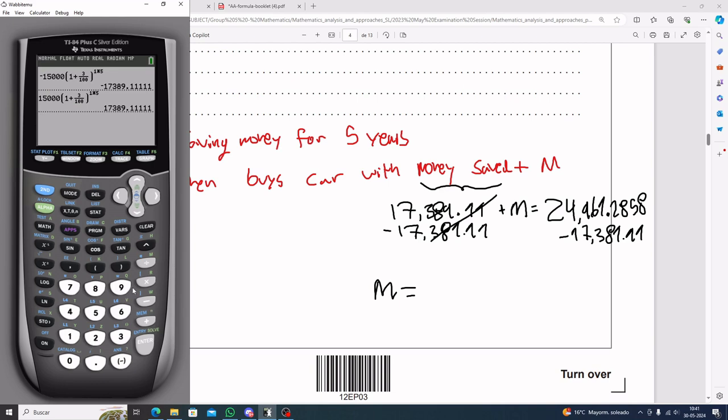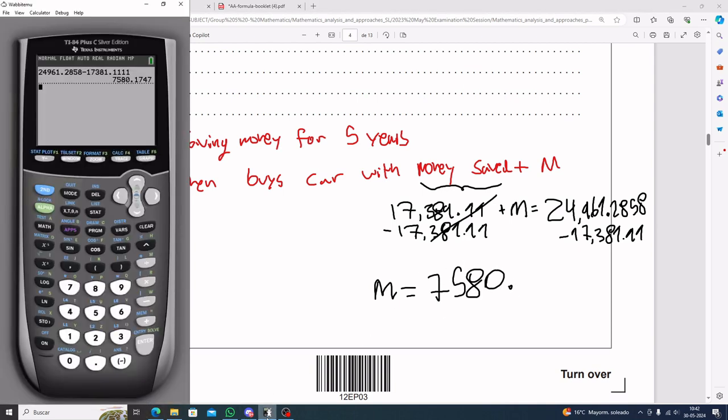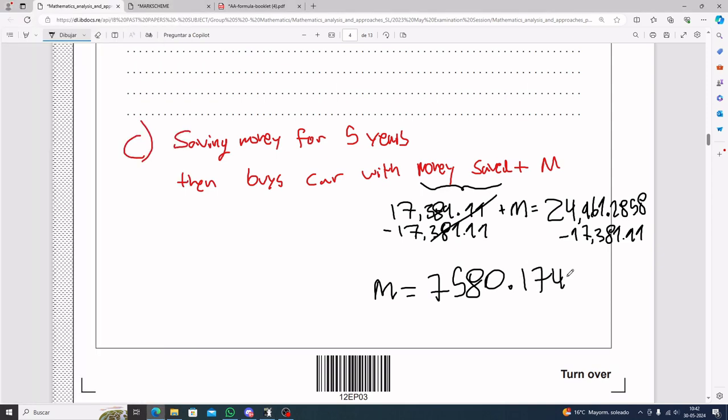So it's going to equal 24,961.2858 minus 17,381.1111. So let me double check that everything is plugged in correctly. Looks fine by me. There it is. So M equals 7,580.1747.